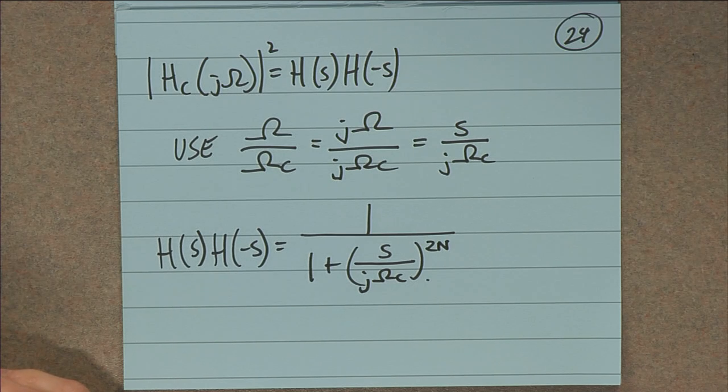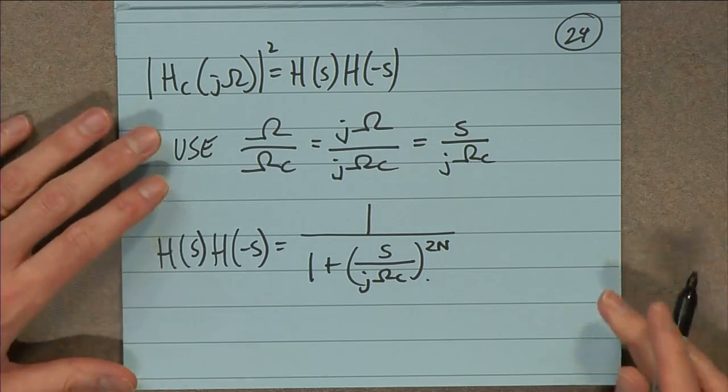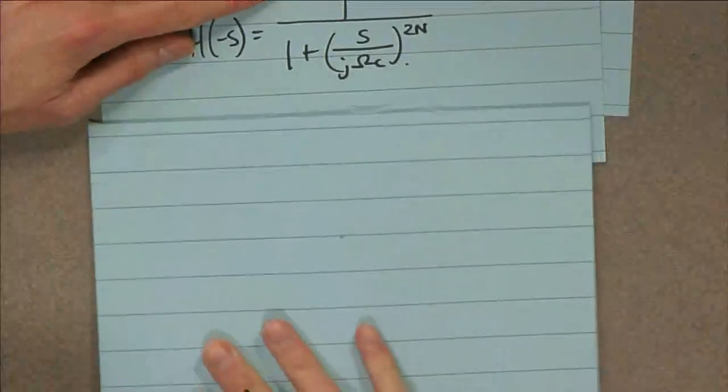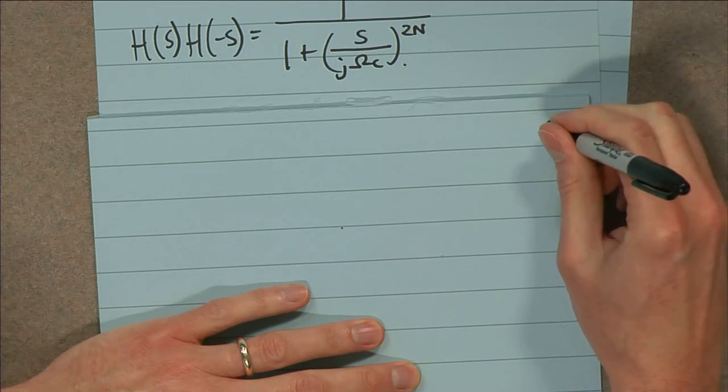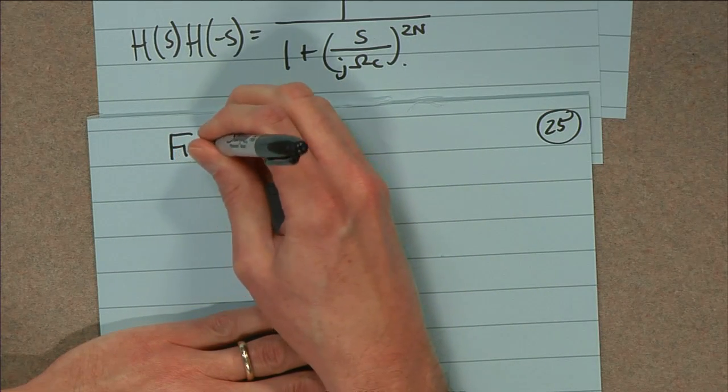So how do we find the poles? Well, take the denominator, set it equal to 0. Pretty straightforward, right? So find the poles, set the denominator equal to 0. So we'll say find poles.